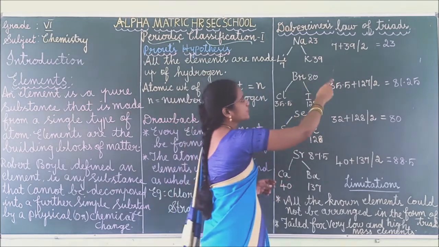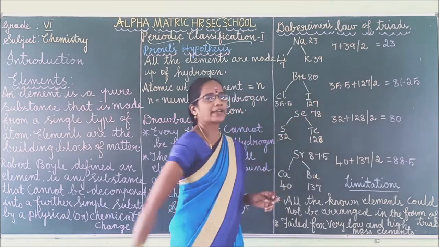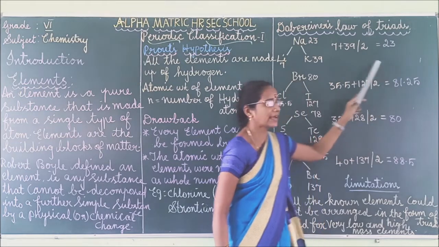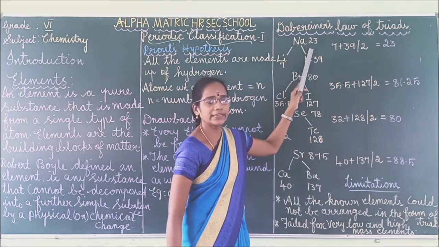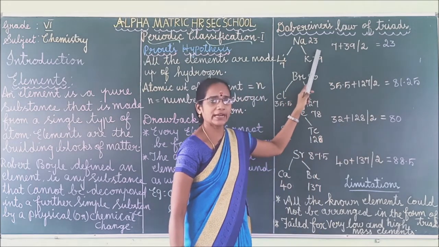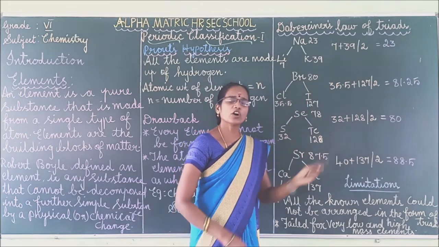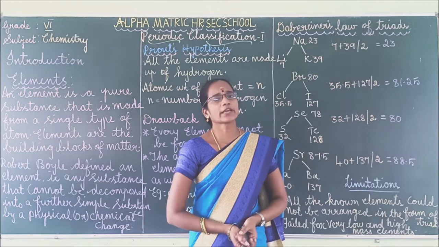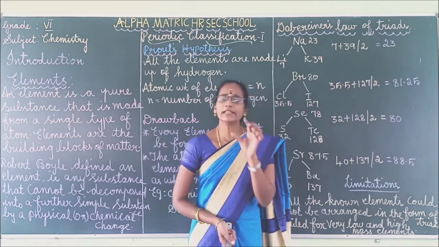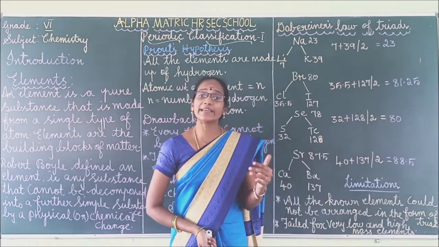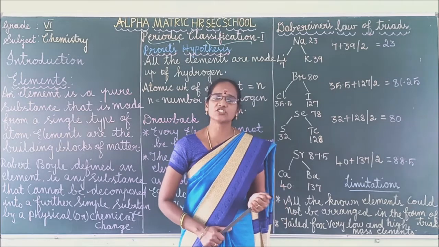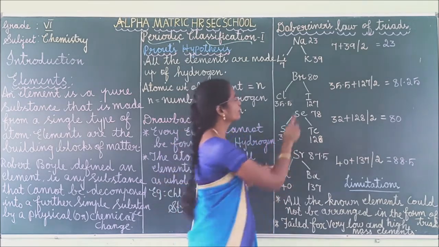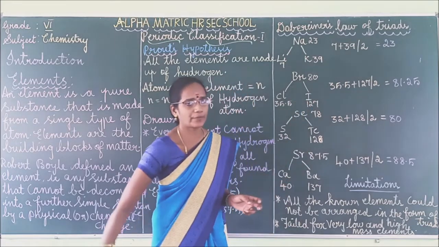If you add these 2 atomic weights and divide by 2, you will get the answer 23, right? See, 23 is the sodium element's atomic weight. So Döbereiner said in every group, the atomic weight of the middle element was half of the sum of the atomic weights of the remaining two elements.